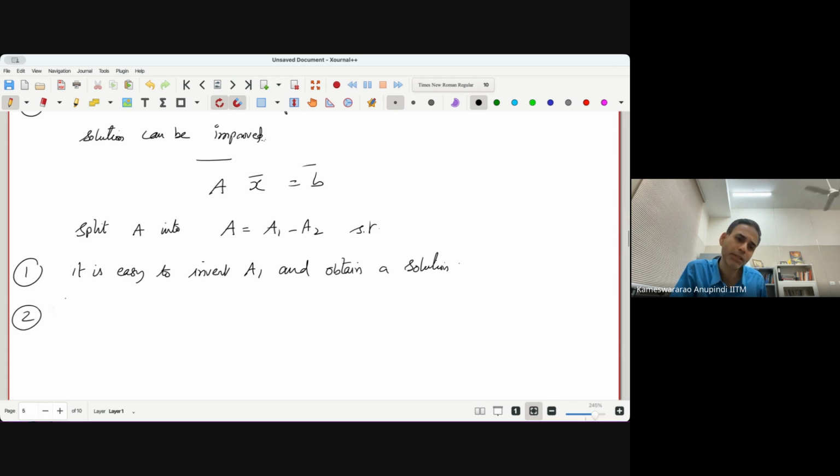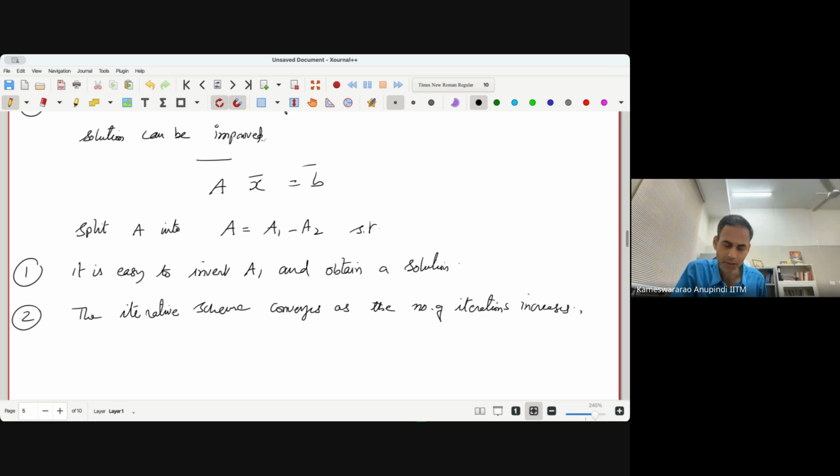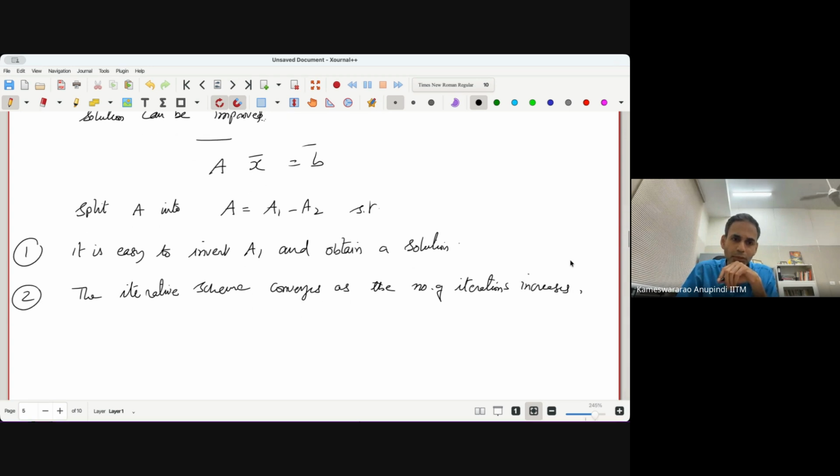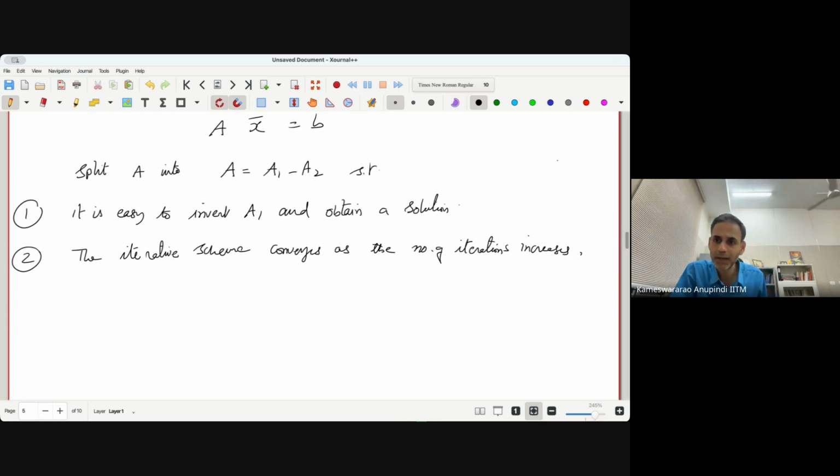The second condition is that the iterative scheme converges as the number of iterations increases. These are the two things that we want in a general iterative method.